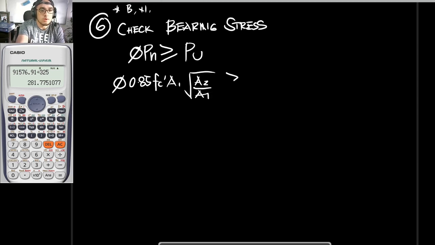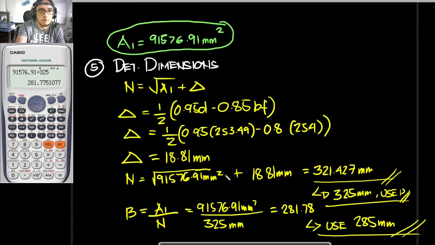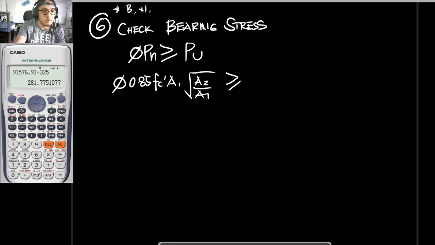Okay, so this should be less than or equal to, ano yung Pu natin? 1580 ata eh. Yes, so ito, 1580. Ito yung Pu natin. So that should be greater than or equal to 1580 times 10 raised to 3 newtons.